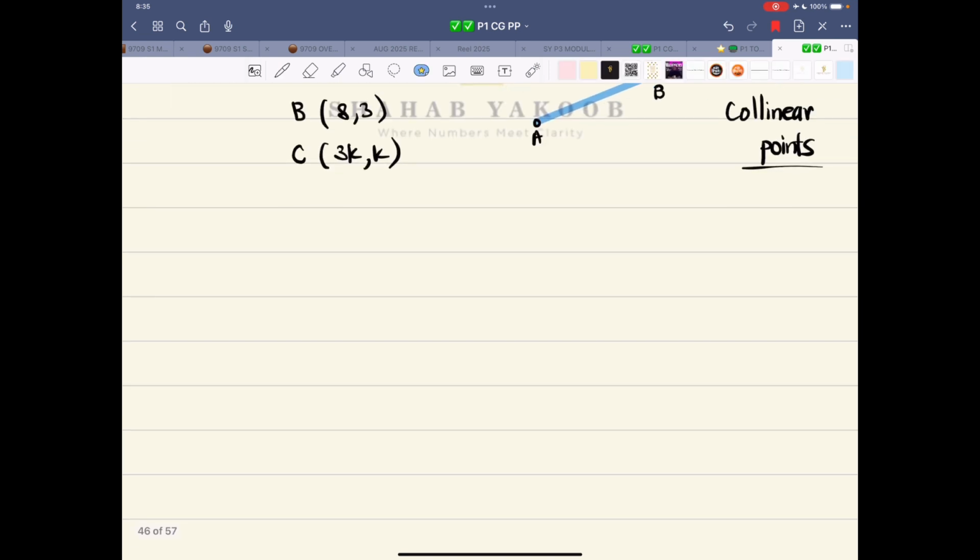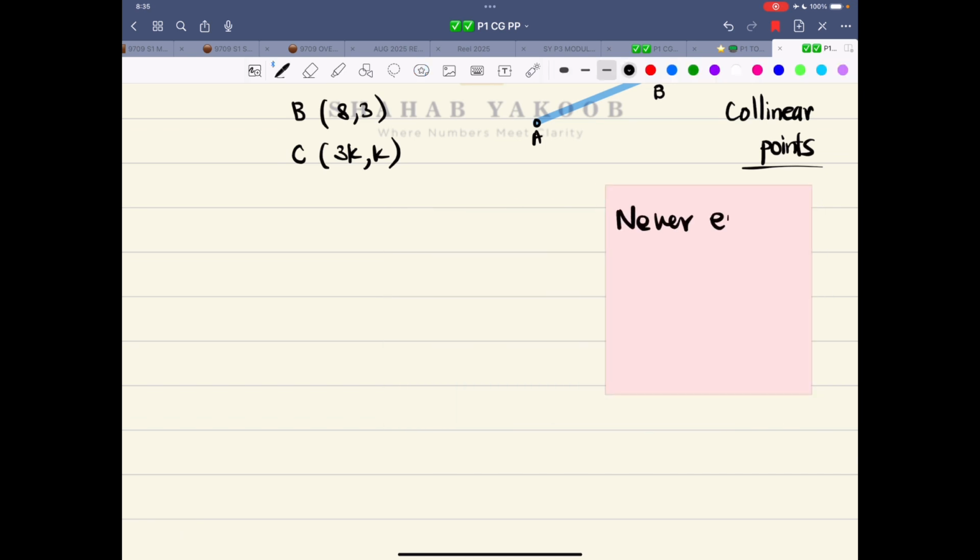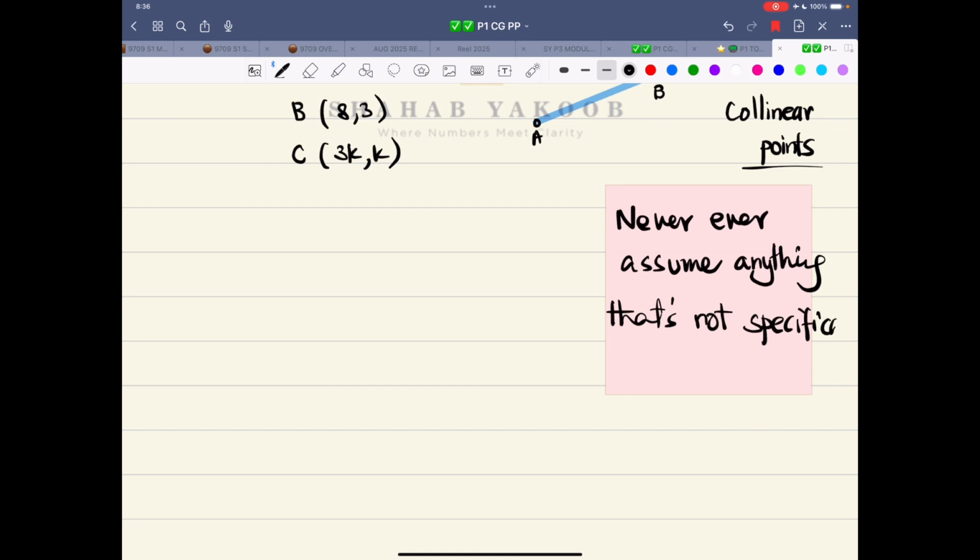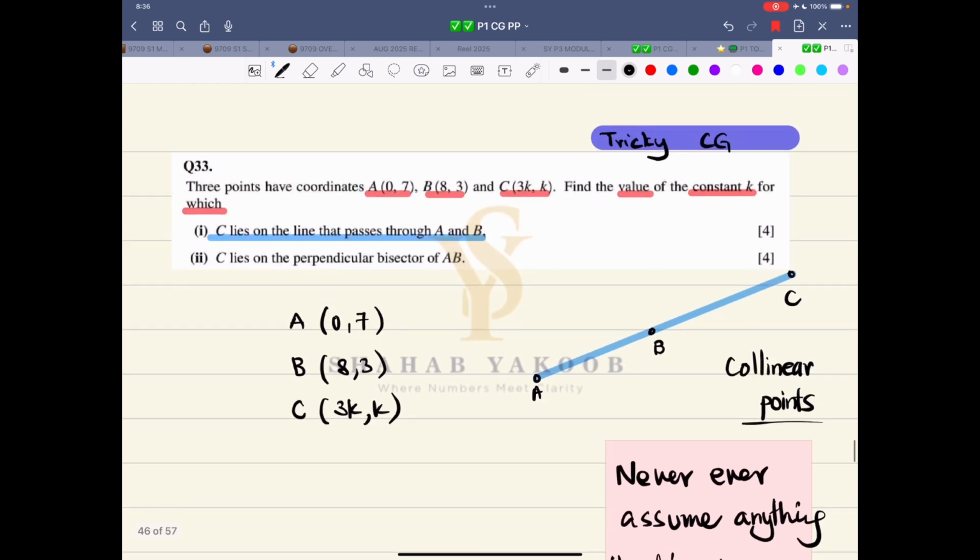So now let me stick a page over here and let me write over here, never ever assume anything that's not specifically stated. That means it's written. So if it does not say anything about midpoint, do not assume it to be.